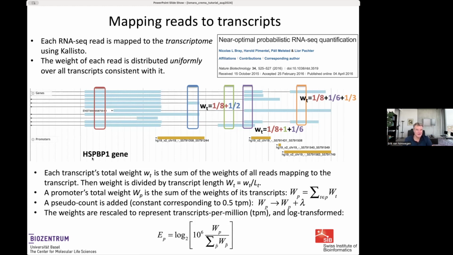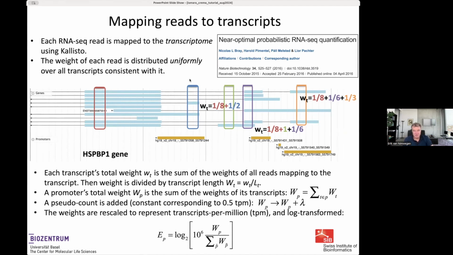This is again near this HSPP1 gene, and I have here 1, 2, 3, 4, 5 reads that have been mapped there. This red read here maps to 8 different transcripts, so all these transcripts get a weight of 1/8. This read here, the blue one, maps to 2 transcripts, so they each get a weight of a half, and so on. This green one maps only to 1. This one maps to 6, I think, and so on.